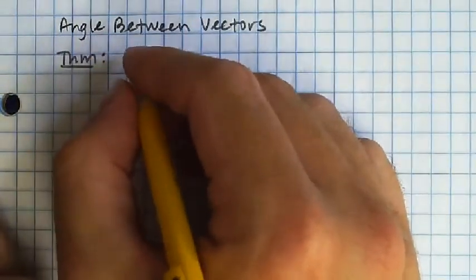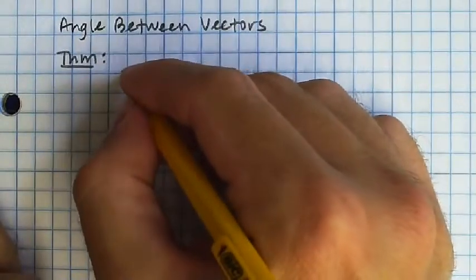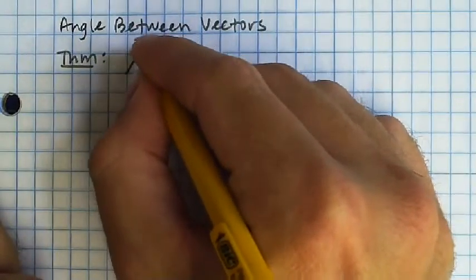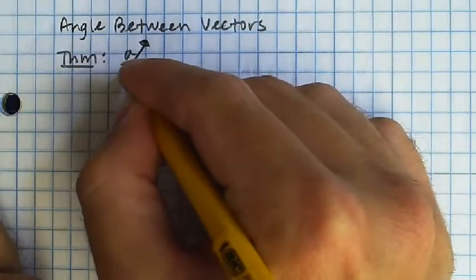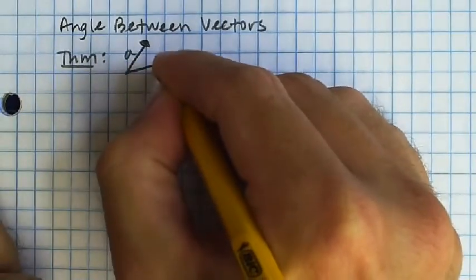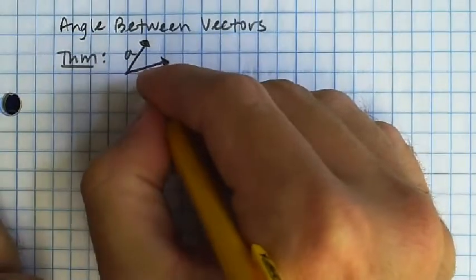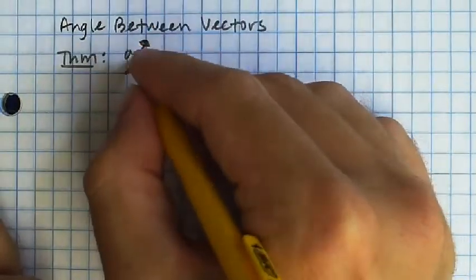The fact is that if you've got vector A and vector B, both in Rn. I'm not saying this is 2-dimensional or 3-dimensional. It could be 6-dimensional.